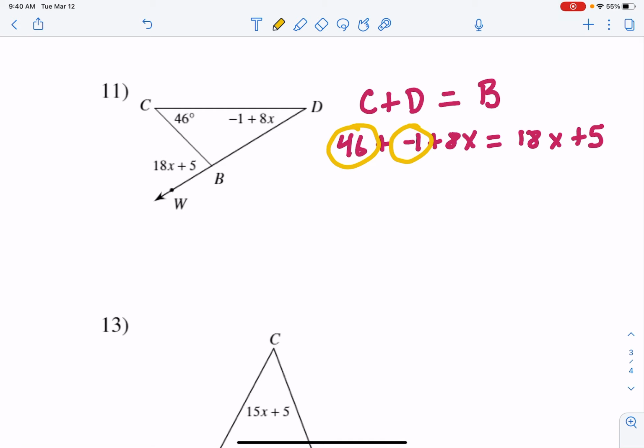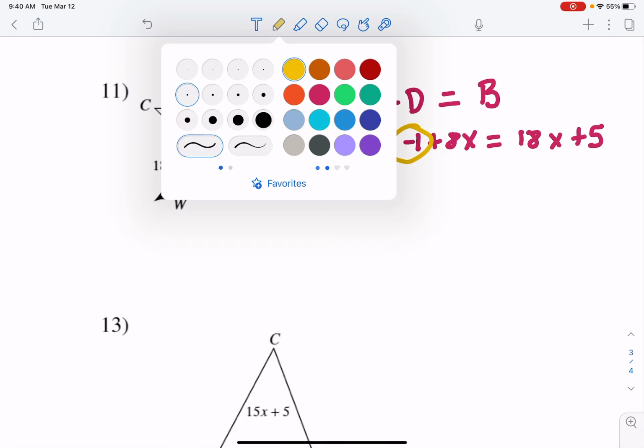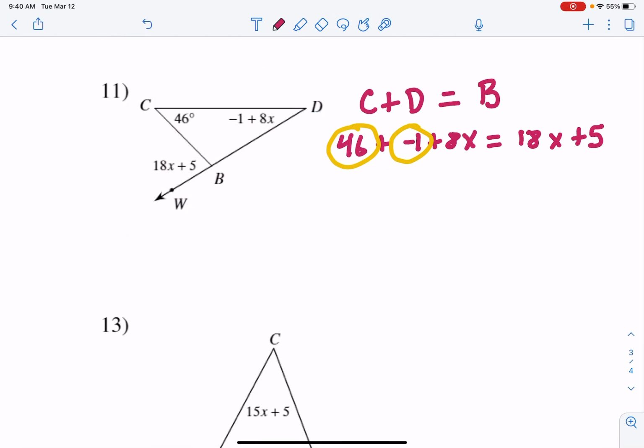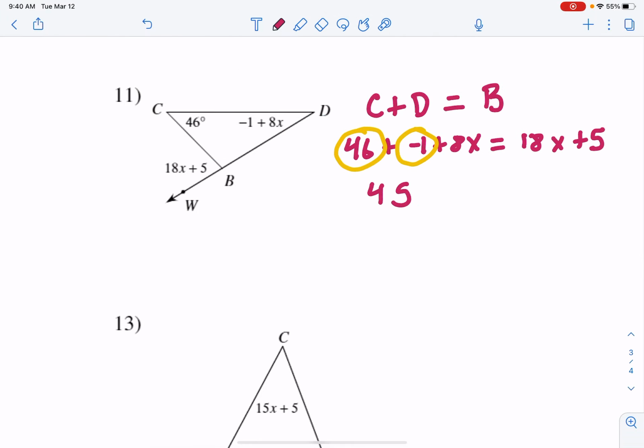So 46 plus -1 is going to give me 45. And then I'm just going to copy down the rest of it. All right, so I combined like terms on both sides. There isn't anything I can combine on the right side.